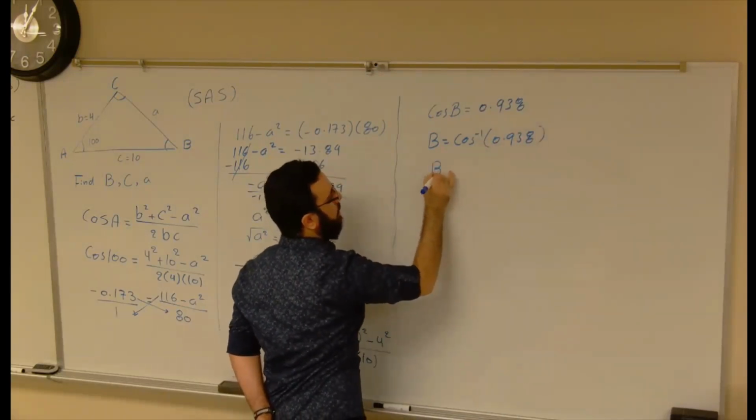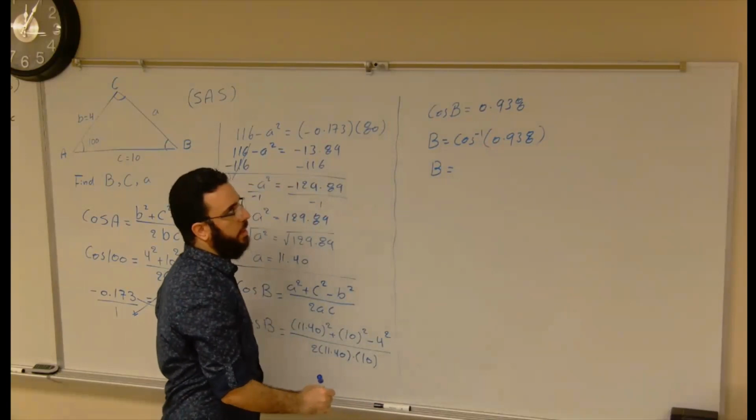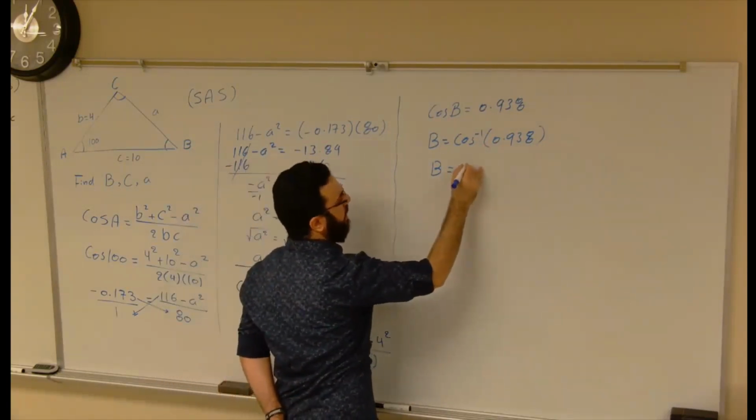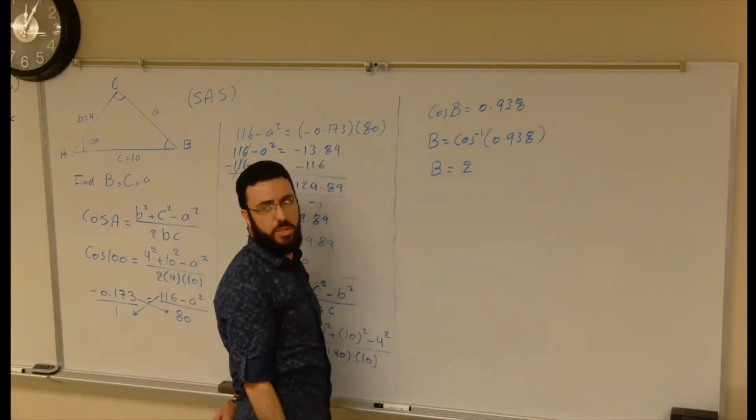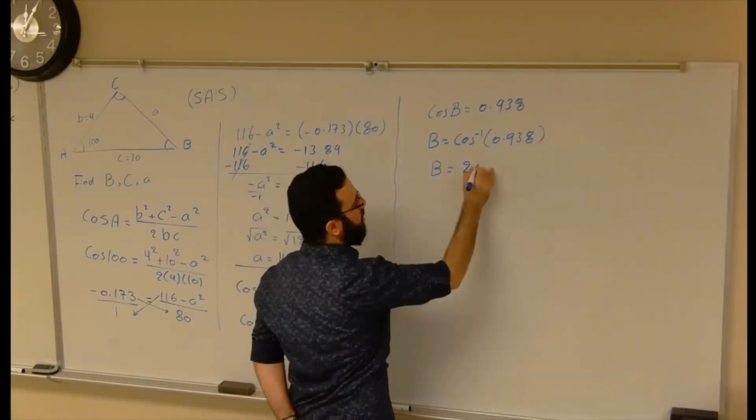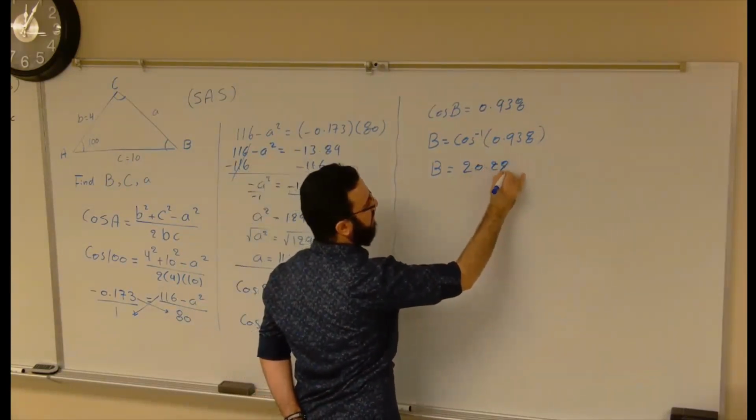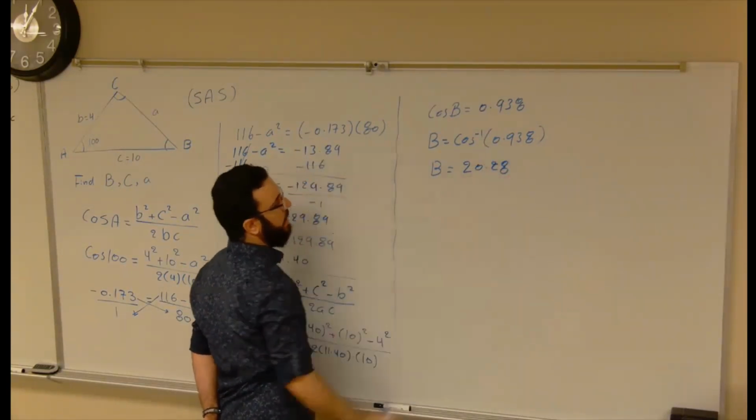So how much is B? 20.28. So we can find this angle B.